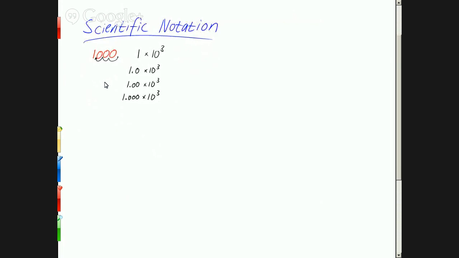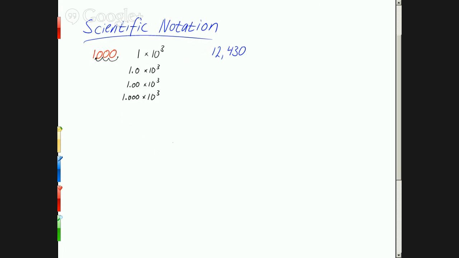So let's practice this a little bit. Let's look at some different numbers in scientific notation. 12,430. How would I write that in scientific notation? See if you can do the same procedure that we just did.